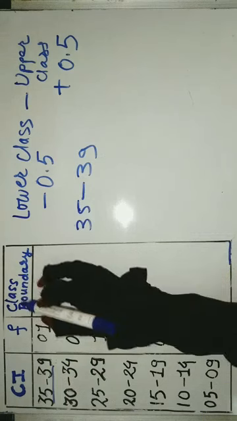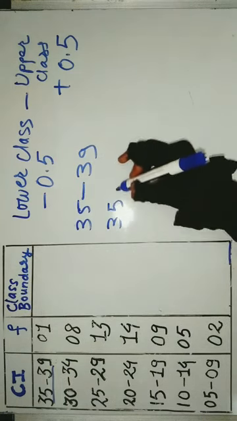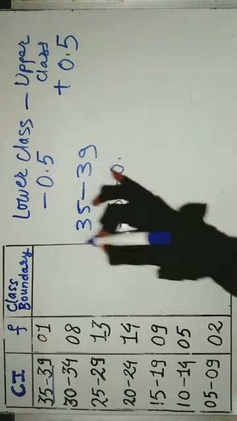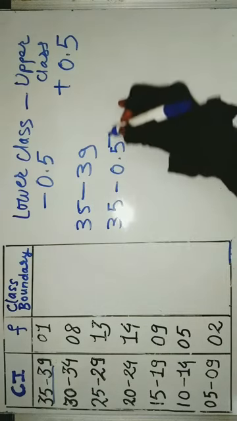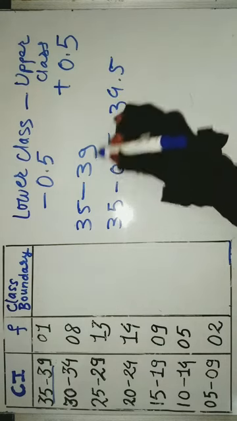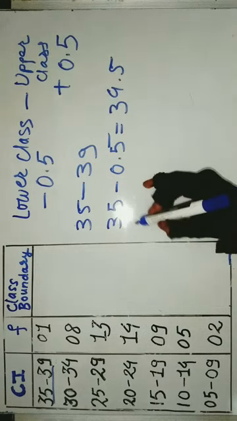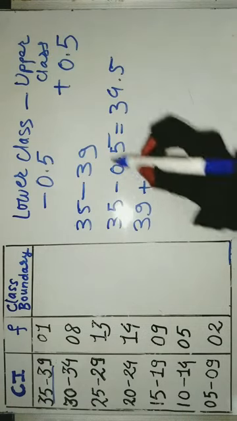For finding the class boundary, first we have to subtract the 0.5 from our lower class, that is 35. You will get 34.5. Similarly, to find the upper boundary, we have to add 0.5 to our upper class.